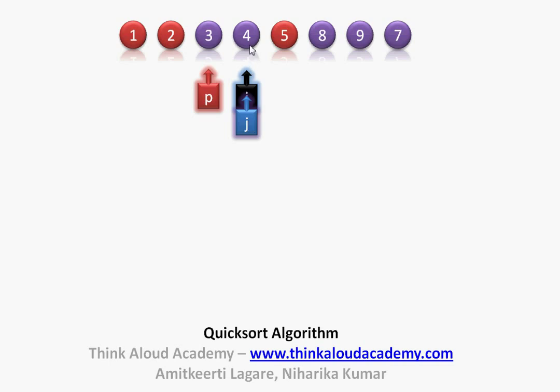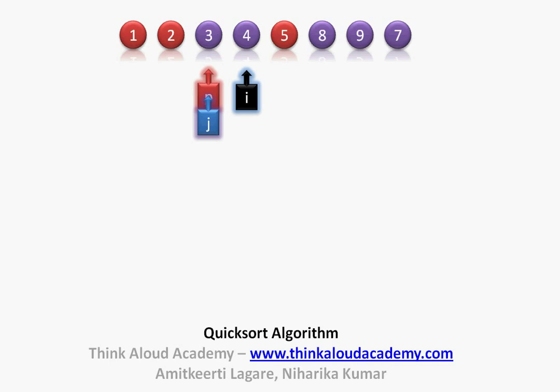Now since j is pointing to the element 4, which is greater than the pivot, the condition satisfies, so j moves ahead. Now j points to the element 3, and since the element is not greater than 3, the pivot, j stops at this point.